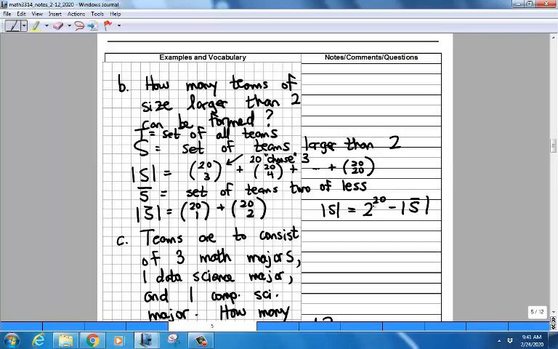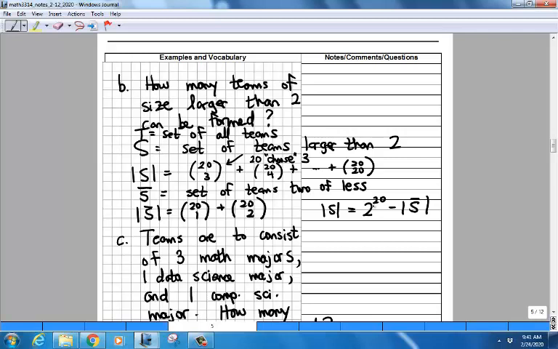Yeah, that's right. So we already answered this question, right? Okay. So in a previous notes, we already answered how many teams there are altogether. It is 2 to the 20th power, but this does include the empty team.